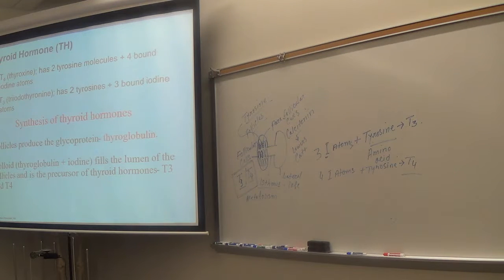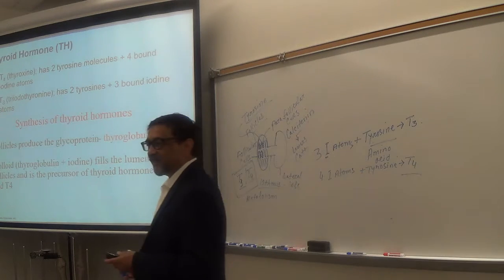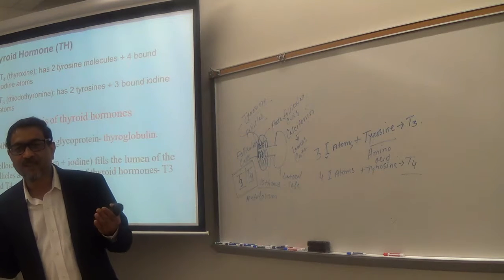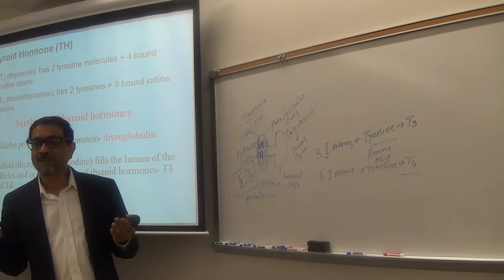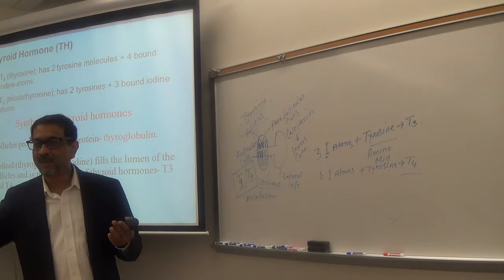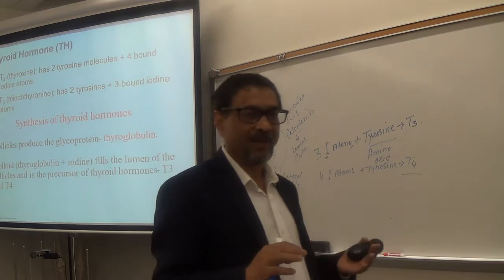Make sense? Deficiency of iodine will cause hypothyroidism. If your body doesn't get enough iodine, then enough thyroid hormone will not be produced, and that is called what? Hypothyroidism. Have you heard that?